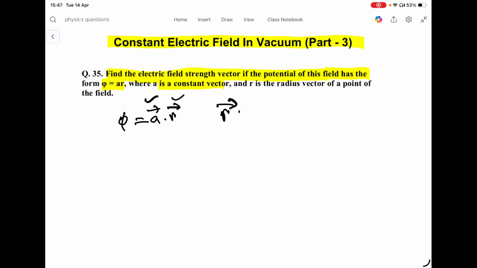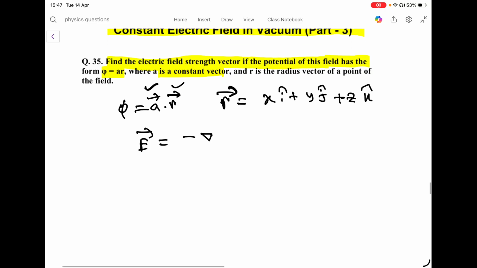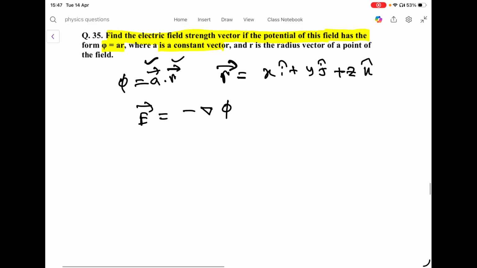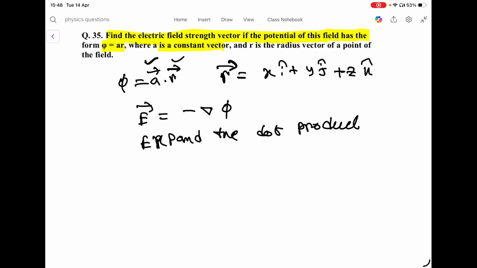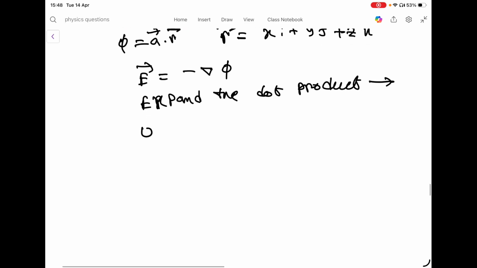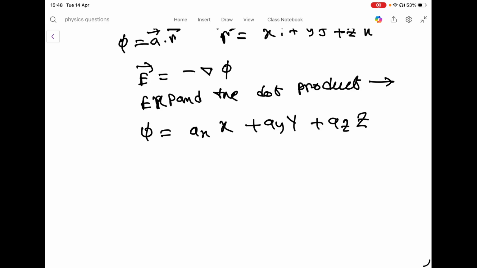For the position vector, we can write r vector equal to x i hat plus y j hat plus z k hat, right? For the electric field, you know this formula: E equal to minus nabla phi. So expand the dot product, and you will get phi equal to ax into x plus ay into y plus az into z.